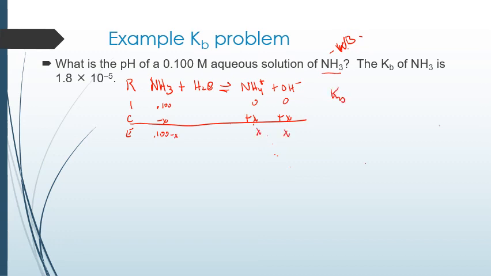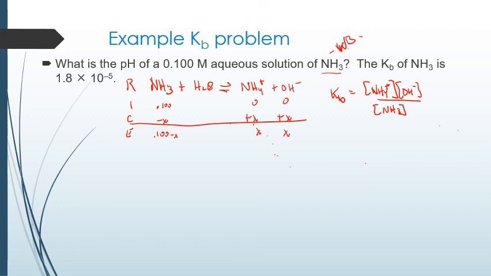My KB expression would be the NH4 plus concentration times the OH minus over the concentration of NH3.